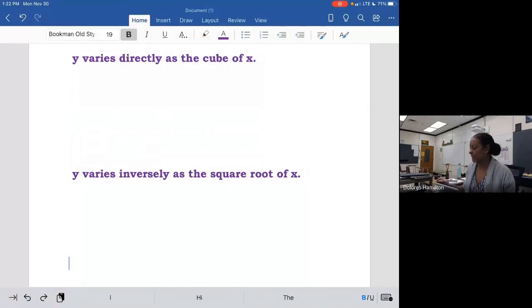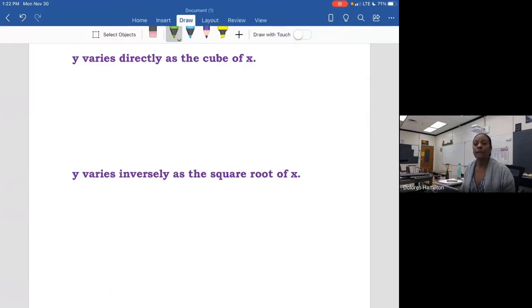The last thing I wanted to mention is when we're working with direct or inverse variation, sometimes they spice things up with these equations. For example, if it's given that y varies directly as the cube of x, we're still using that y equals kx equation, but since it specified the cube of x, we would write that equation as y equals kx cubed.